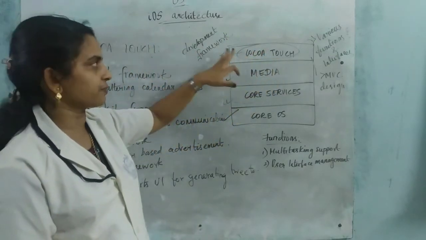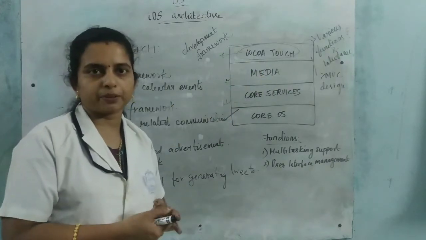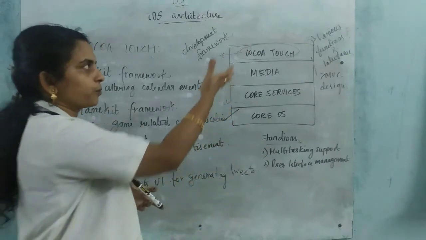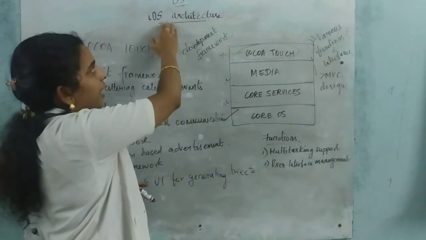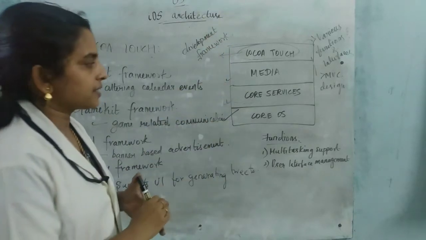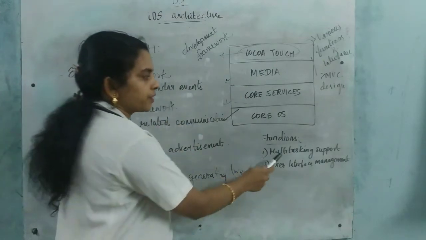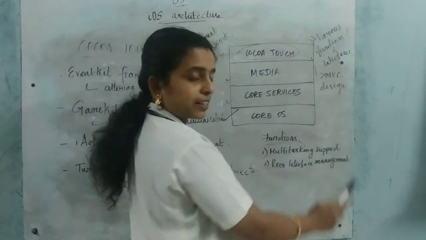It provides various functionalities and interfaces and follows the MVC design pattern. MVC is the model view controller design pattern, which is followed by the Cocoa Touch. This is a basic and important thing in the iOS architecture. Two main functions done by this Cocoa Touch are, the first one, multitasking support, and the second one, user interface management.